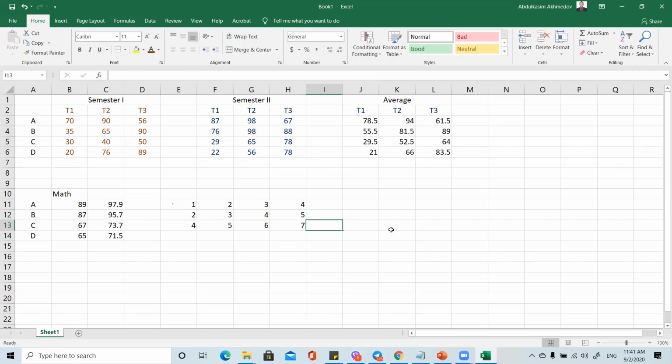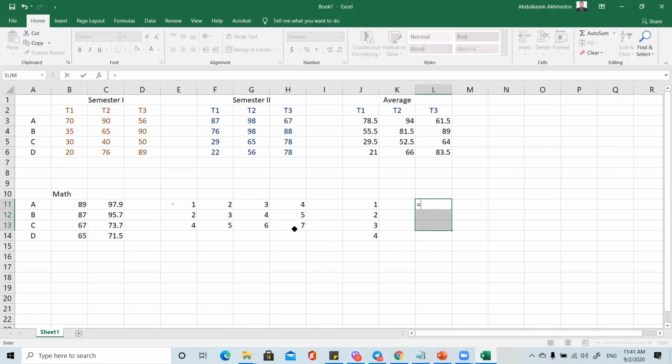This one is 3 by 4. And here we have, let's say, 1, 2, 3, 4. That is a 4 by 1 matrix. I can multiply these two matrices, right? This one is 3 by 4, and 4 by 1, so the resulting matrix will be 3 by 1. It will be here.